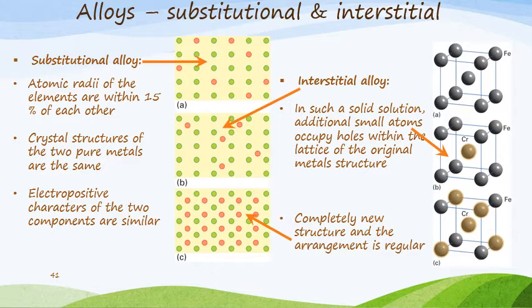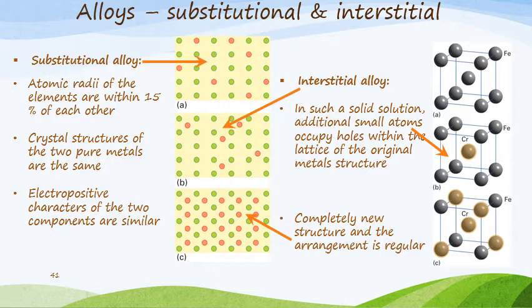And how do we get that? Well, we simply melt the metals together in a certain percentage, and the atoms sort of mix and meld with one another for us to get an alloy. Other examples of alloys include bronze and brass.